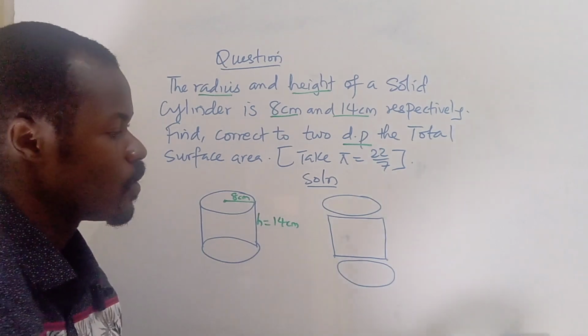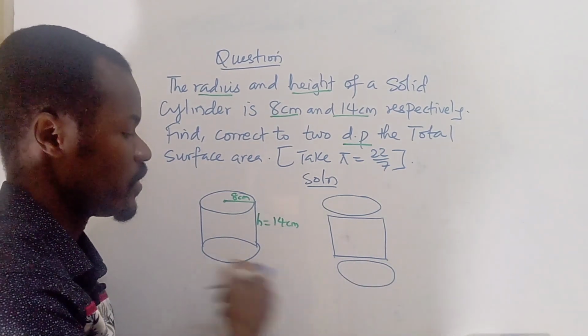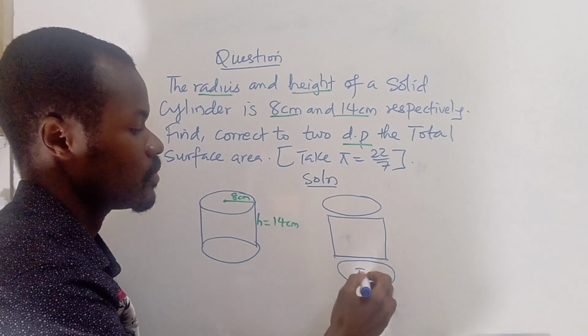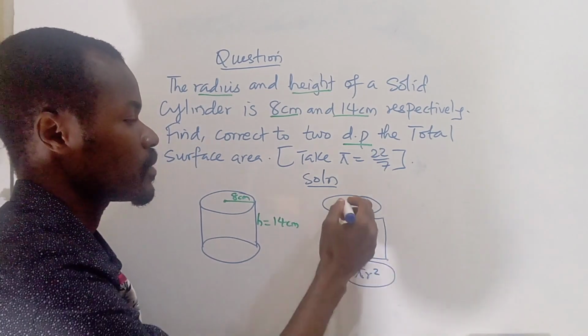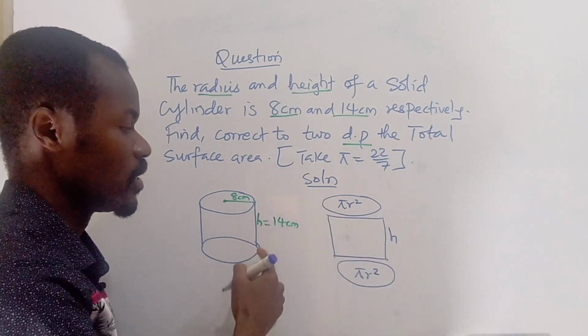The area of a circle given the radius is pi r squared. This is also pi r squared. This is our height.